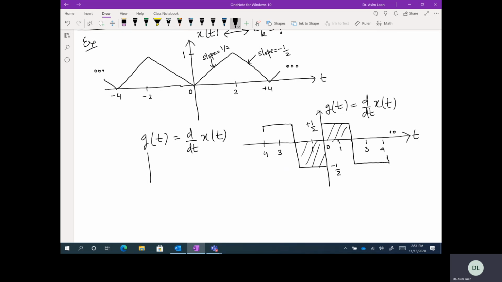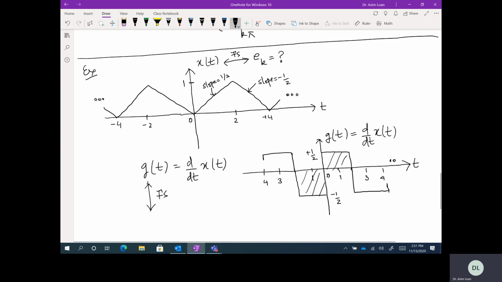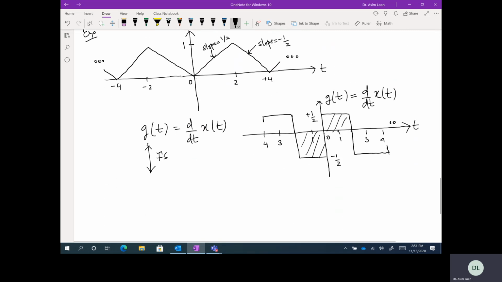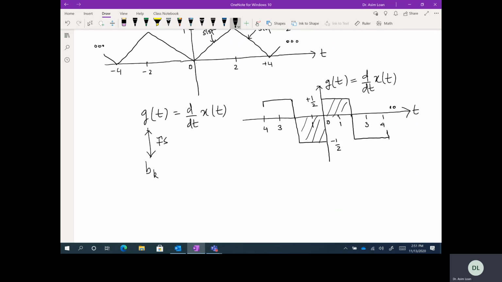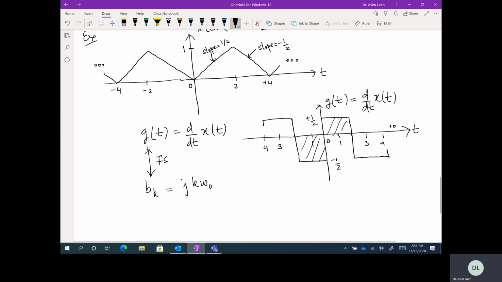And I know also this. If this is the Fourier series, what is g of t? The Fourier series of g of t has some coefficients, what did I call them here? bk. So bk is simply jk omega naught times ek, by the derivative property, where x of t has Fourier series coefficients ek.